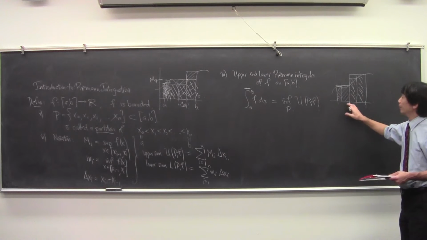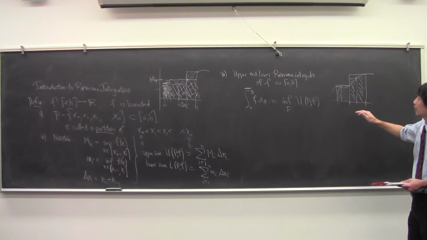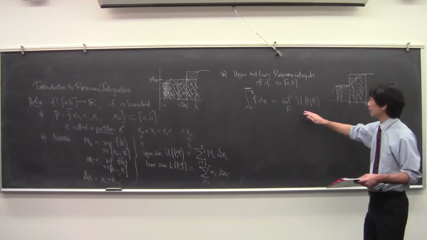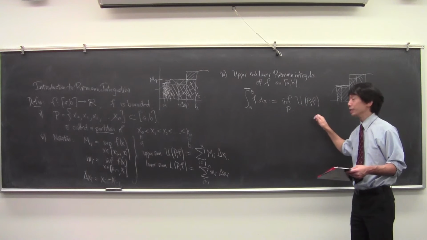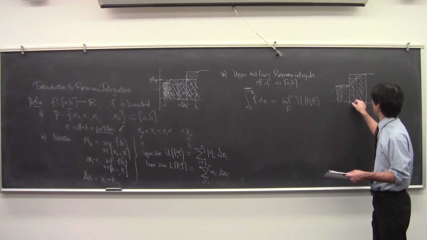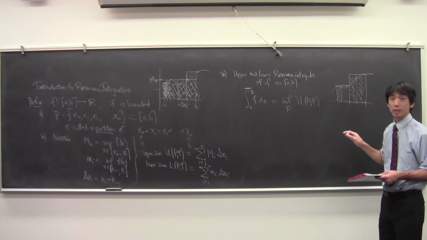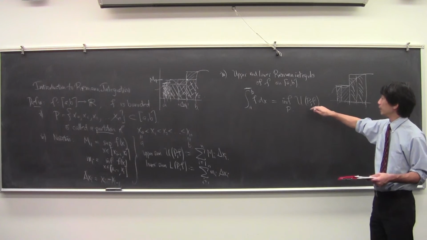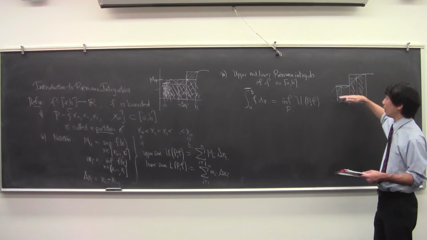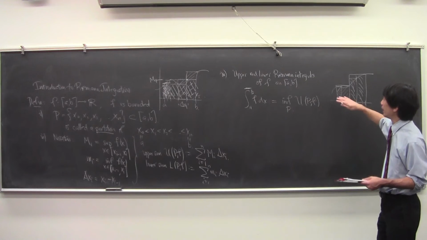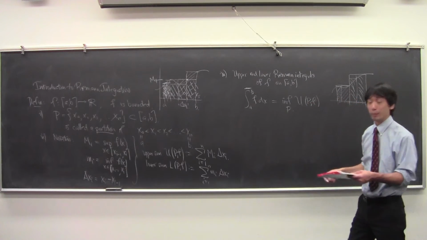Okay, and so you look over all partitions, even those that are getting arbitrarily fine, and take the infimum of all upper sums, and that thing is called the upper Riemann integral.